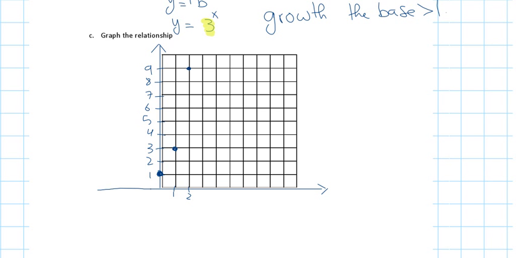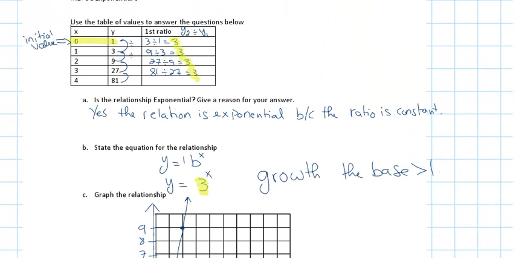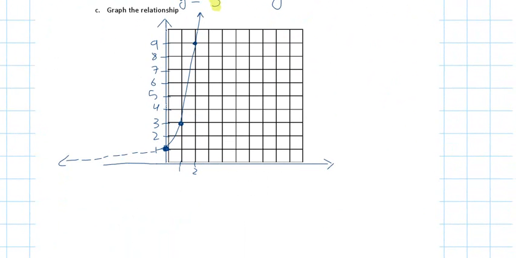So this is how the graph looks, but if you want to extend it to the left, it's going to be something like this, where it goes flat to the left. So you have your points, which are 0, 1, 1, 3, 2, 9. So 0, 1 is right here. 1, 3 is right here. 2, 9.